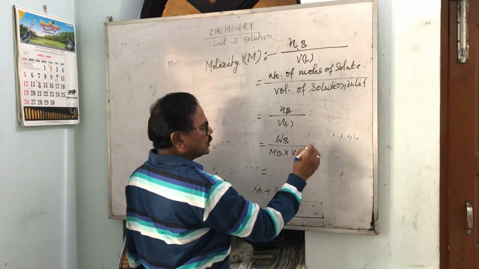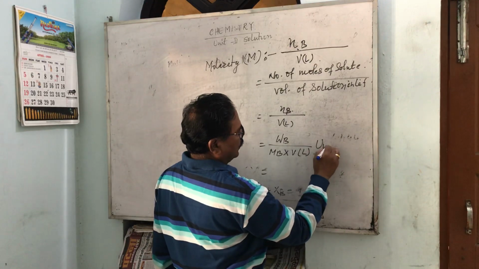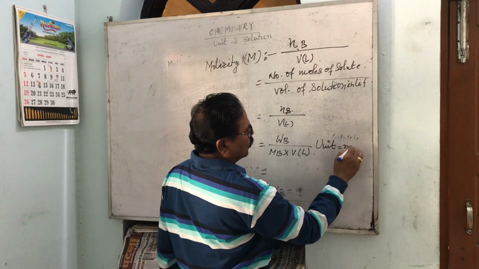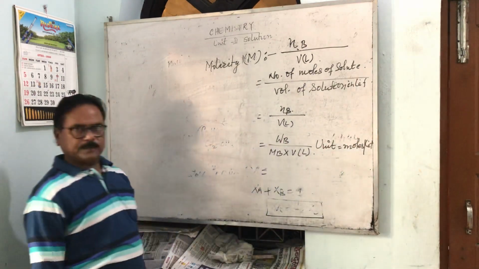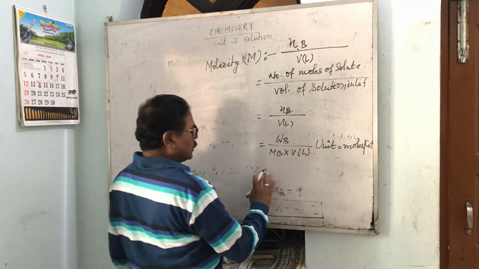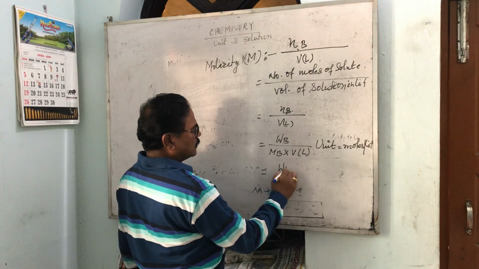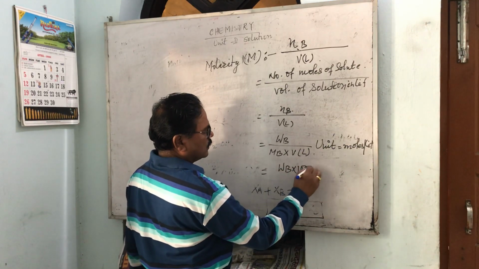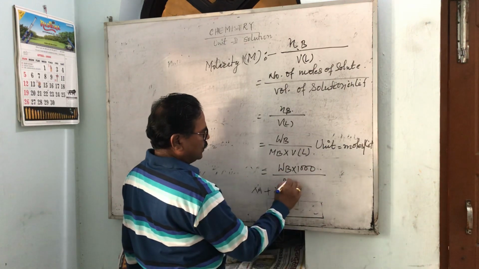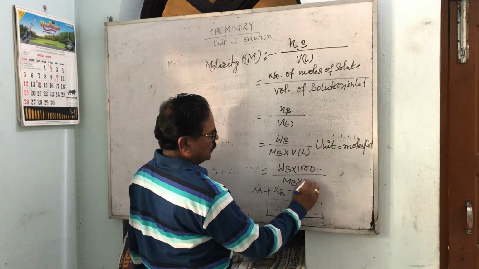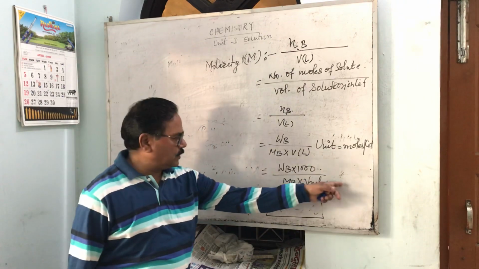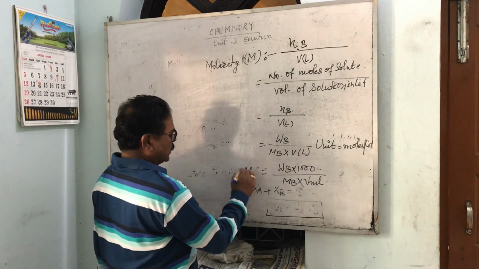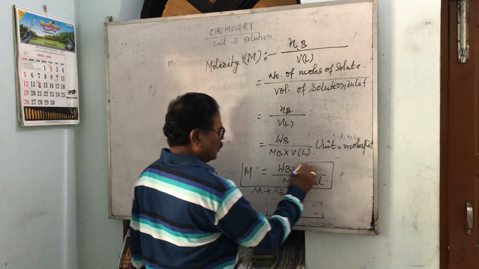So its unit will be moles per liter. Now, if volume is in milliliter, then it is this one, MB, and this is V in milliliter. So this is the mathematical expression for the molarity.